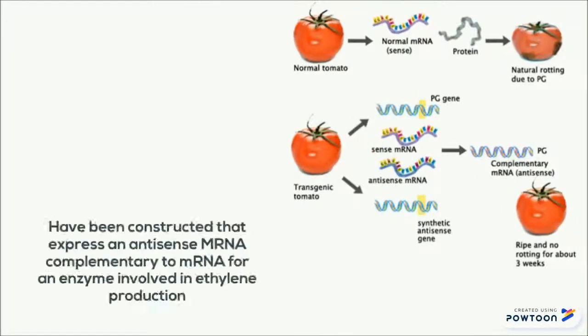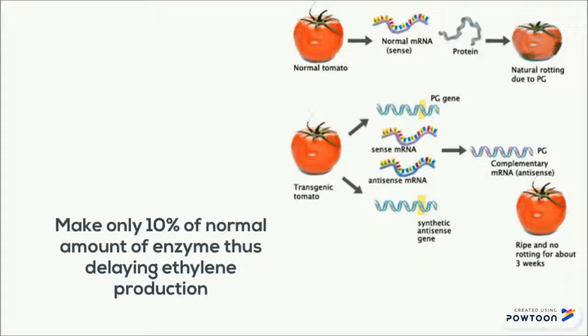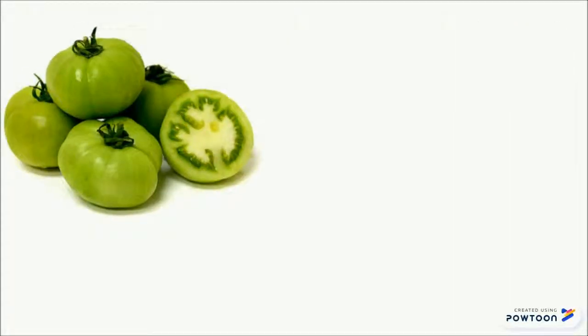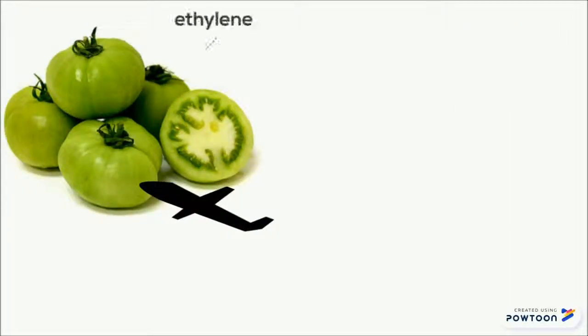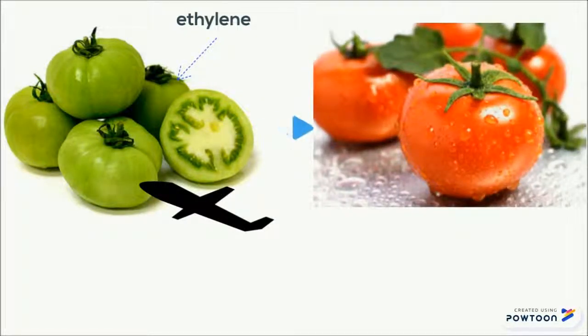Flavr Savr tomatoes have been constructed that express an antisense mRNA complementary to the mRNA for an enzyme involved in ethylene production. These tomatoes make only 10% of the normal amount of enzyme, thus delaying ethylene production. Normally, tomatoes are picked while green and transported many miles before being sprayed with ethylene to ripen them.